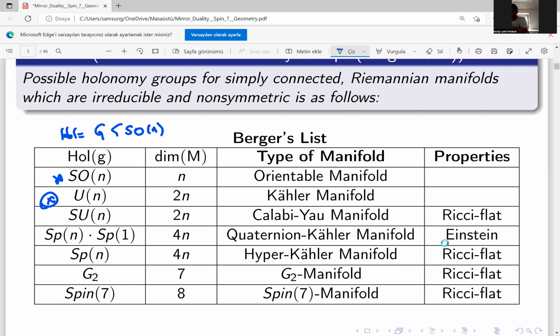But if you choose the special unitary group, where the determinant of this U(n) is 1, you're forced to be in a Calabi-Yau manifold, and the property is Ricci flat. Ricci flat means roughly that the curvature is preserved.